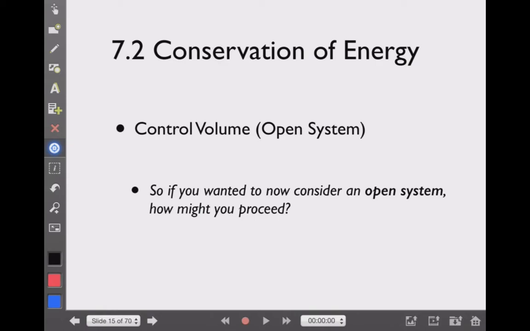So if we think about a control volume and we want to convert this to an open system, say for fluids, how might we proceed? Hopefully you will understand that we should be applying the Reynolds transport theorem to a control volume.